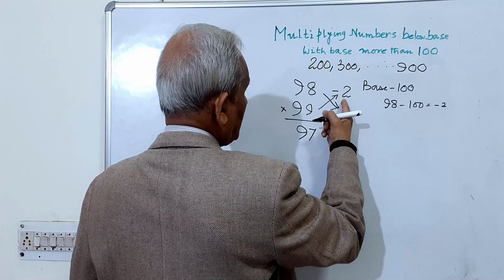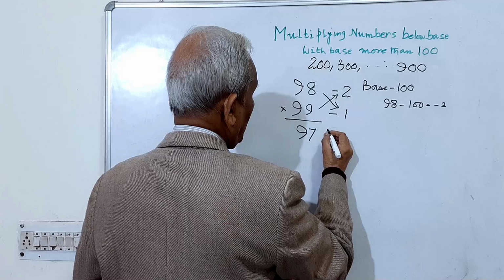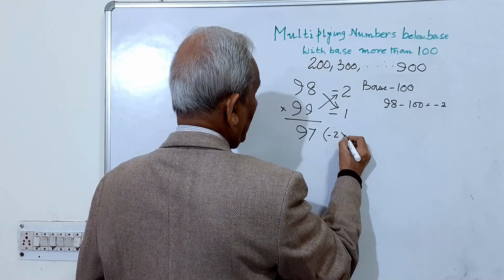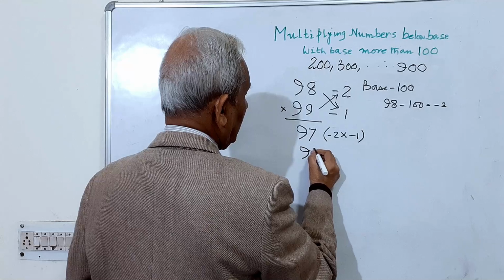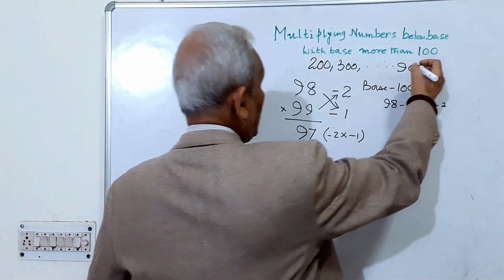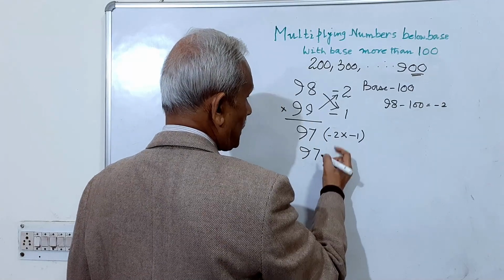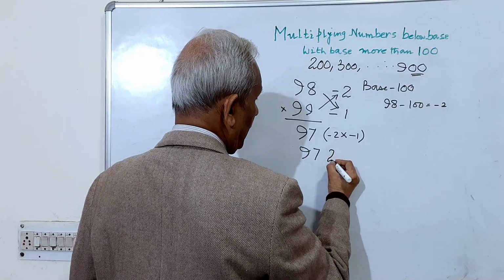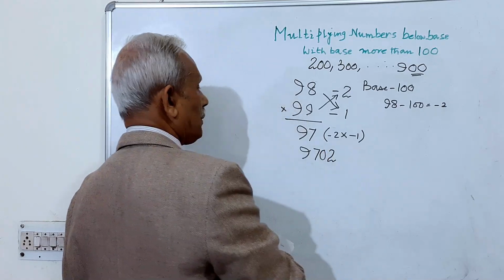And then the second part of the answer is minus 2 into minus 1, and that's equal to 2. But the base has got two zeros, so we have to put here two digits. This 2 will be put here with one digit in between, 0, so 97, 02. So the answer is 9702.